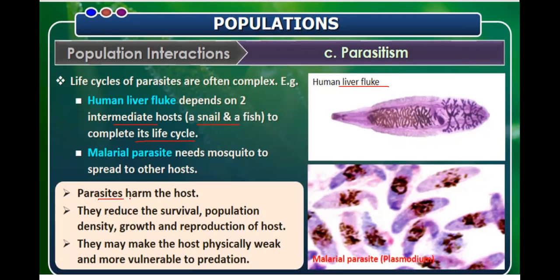Parasites harm the host. They reduce the survival, population density, growth, and reproduction of the host. They may make the host physically weak and more vulnerable to predation. So these are the malarial parasite cycle. This is human liver.